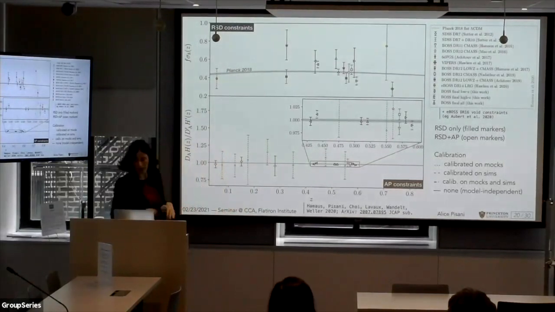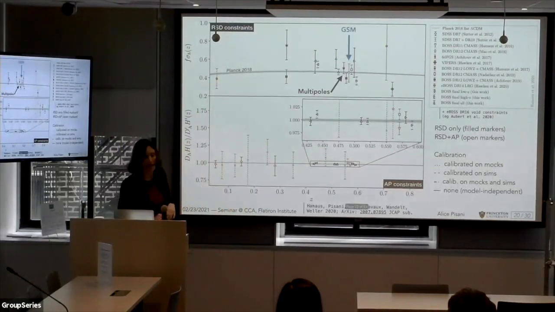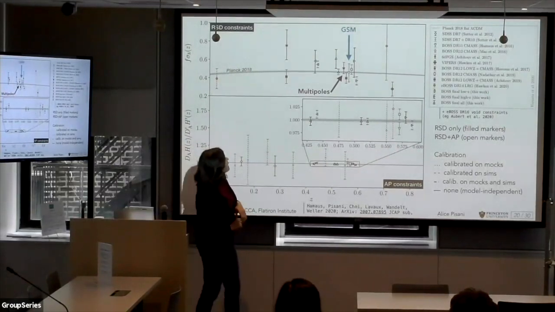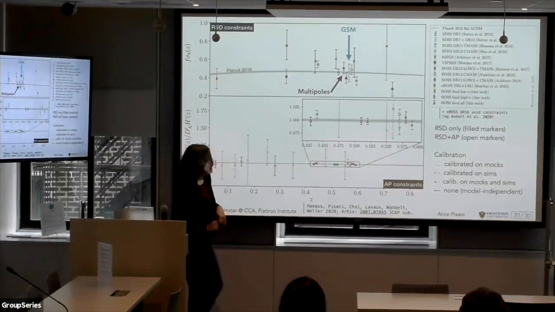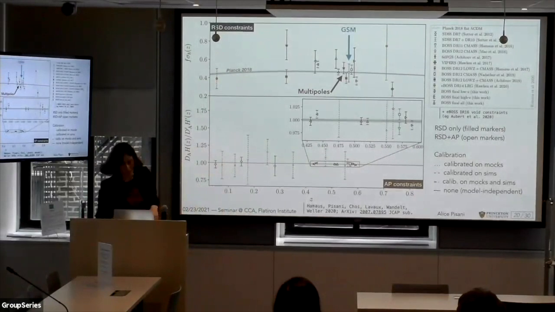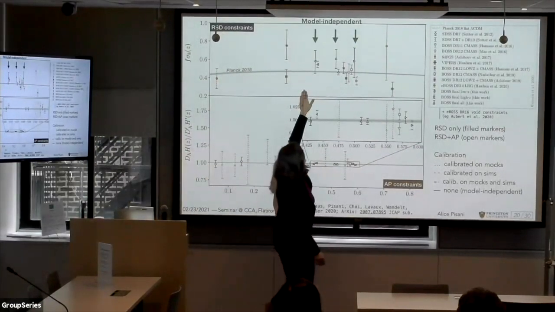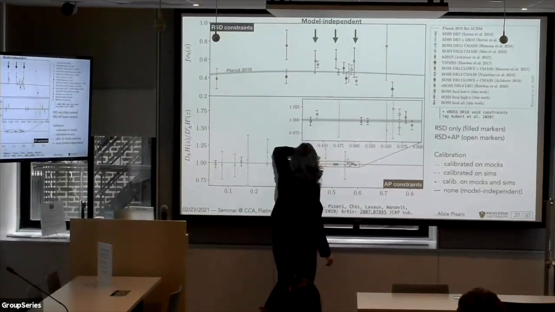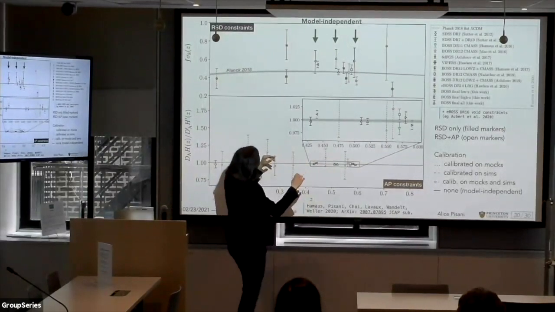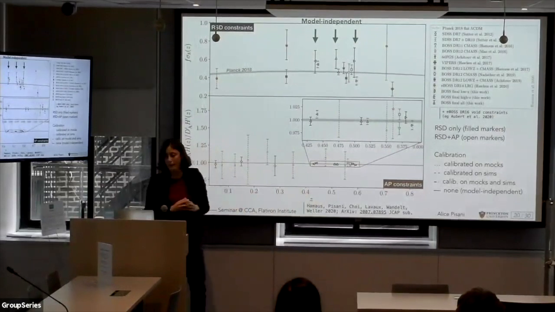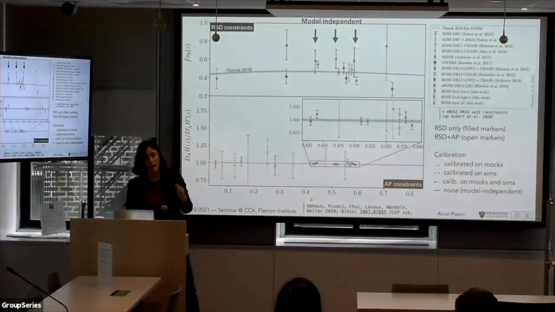In particular, I would like to highlight the two I have mentioned today, the Gaussian streaming model and the multipoles methodology. What is nice is that we can look at the model-independent points, the low redshift one, the high redshift one, and the one in the middle. The model-independent one is the tightest constraint that we can have without assumptions on a cosmological model and without relying on simulation.